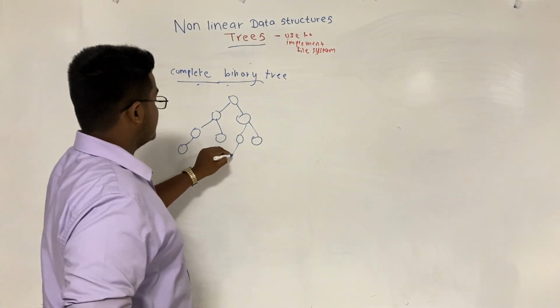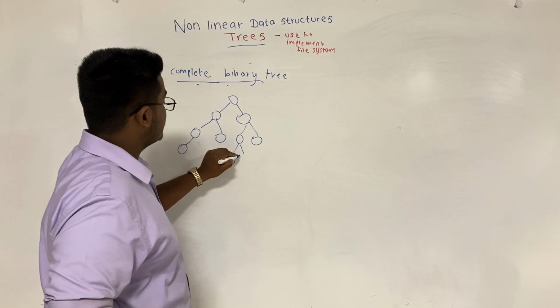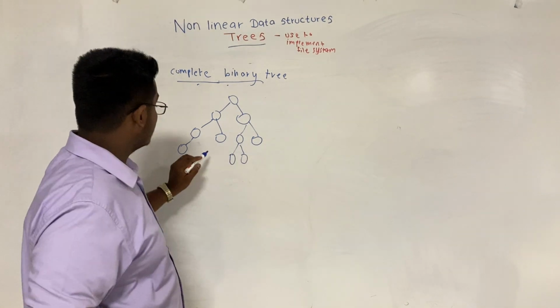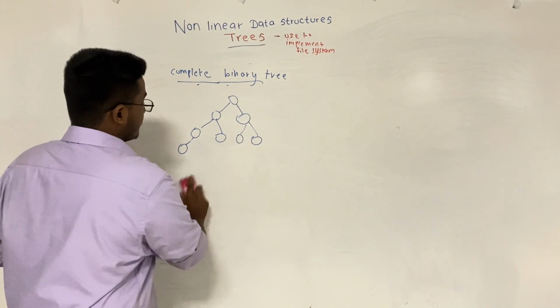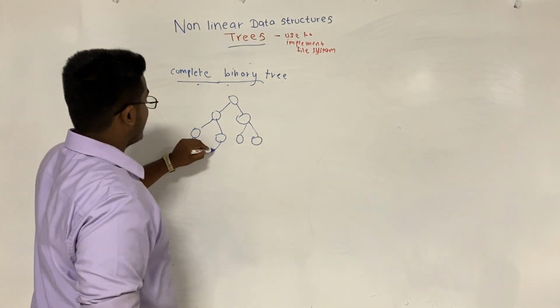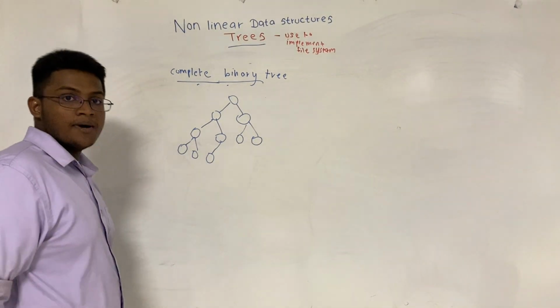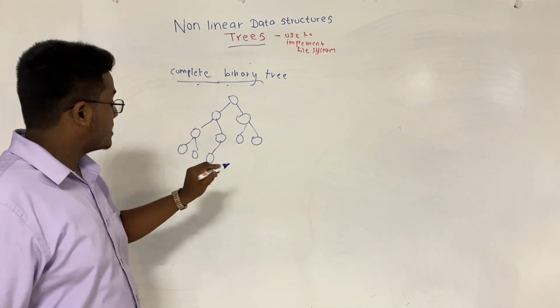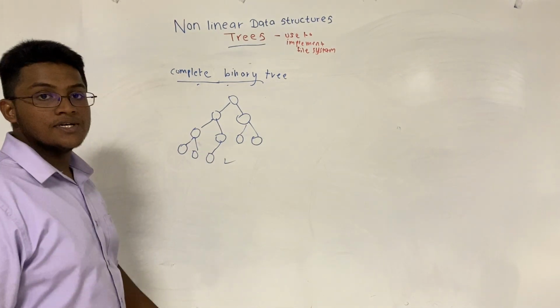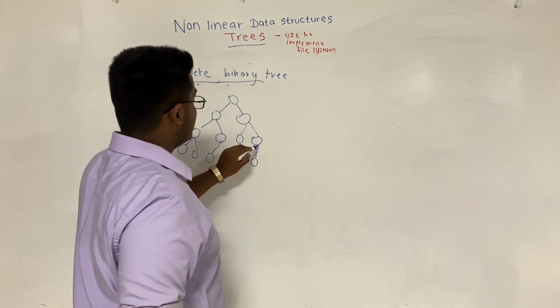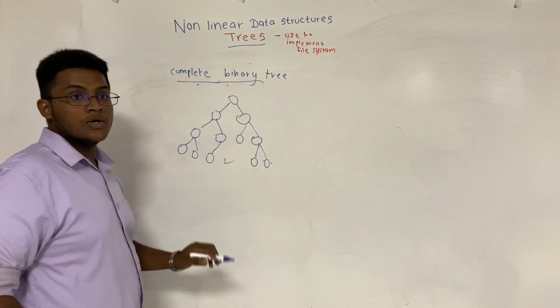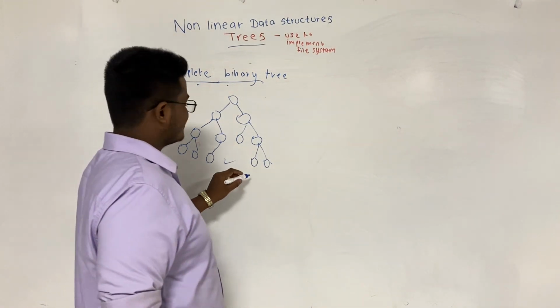Now, is this a complete binary tree? No, because this is empty, right? Is this a complete binary tree? Yes, it is also a complete binary tree, right? And is this a complete binary tree? No, right?